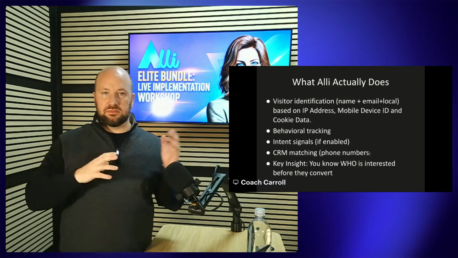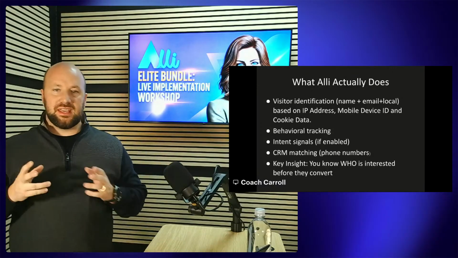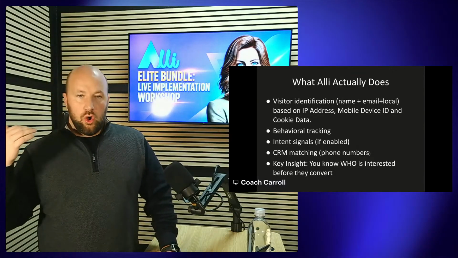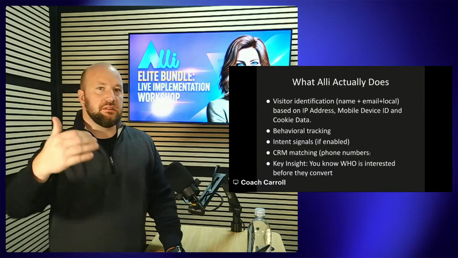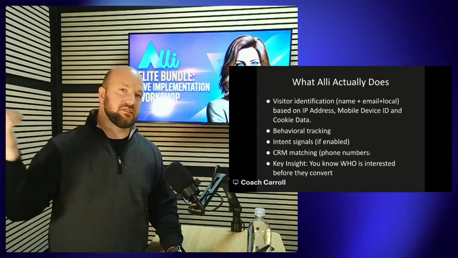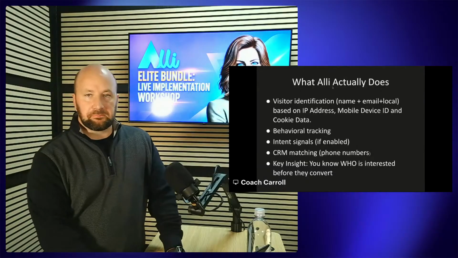So again, sometimes it's about matching back to your CRM to find these. But the key insight here is that you now know who is interested before they convert, right? Imagine being able to get in front of your customers as they're shopping, as they're gathering quotes, as they're considering your product or your service. That's what Alli's here to do.